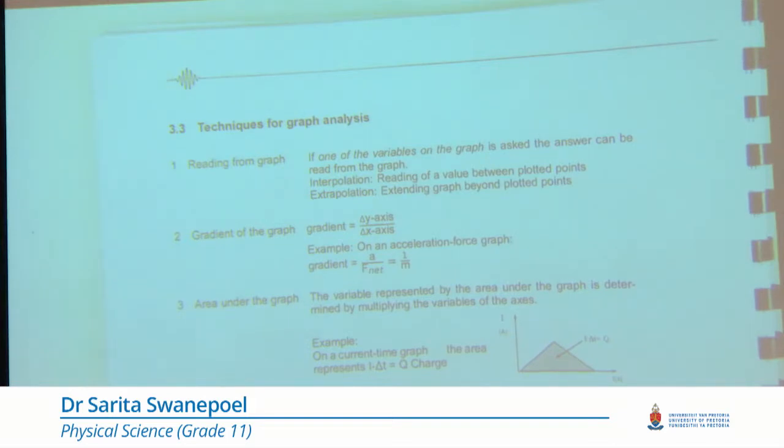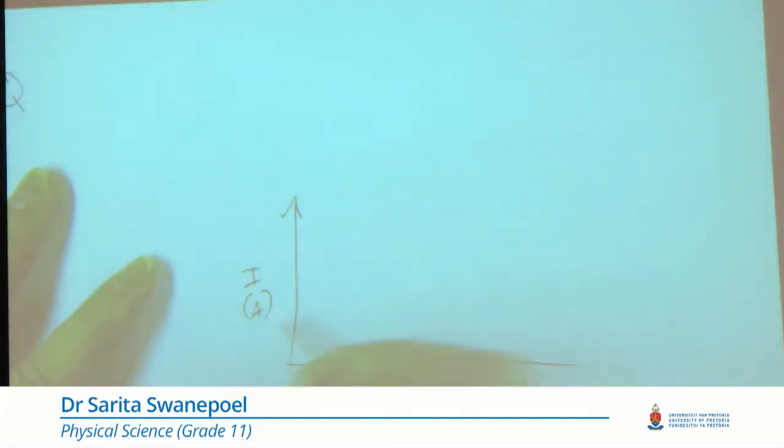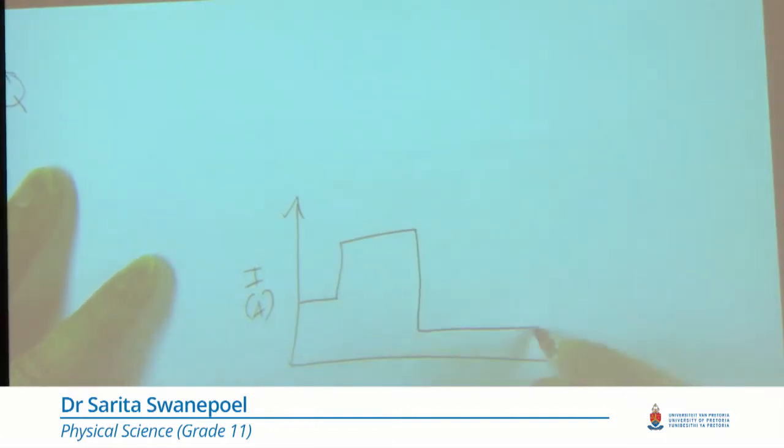The very first thing is just reading from the graph. Say, for instance, they gave you a graph of current in a circuit that I'm changing every few seconds: 5, 10 and 2 amperes, with changes at 3 seconds and 8 seconds.